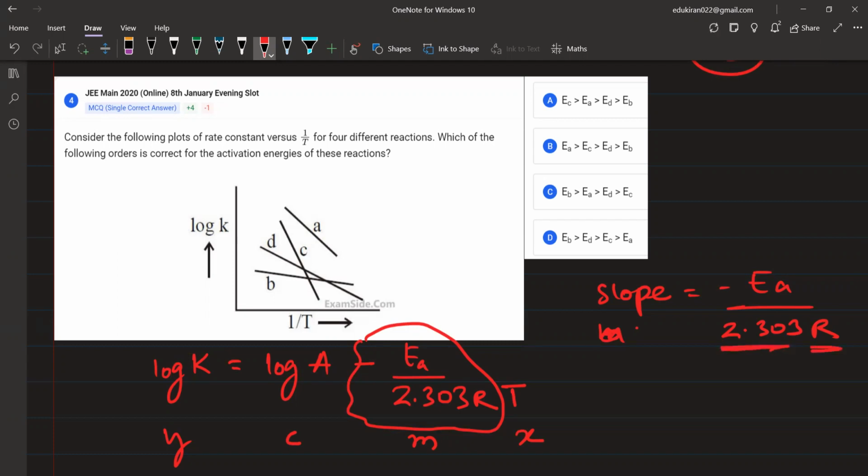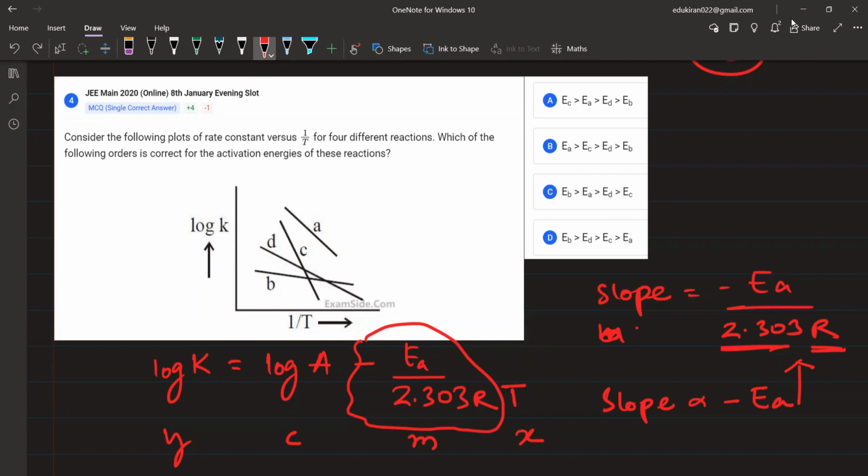This is also constant, R is also constant. So slope is directly proportional to minus activation energy. If the activation energy is higher, the slope will be more downward. So which has the most downward slope? C. It is C, right? Now see, which option has C highest?